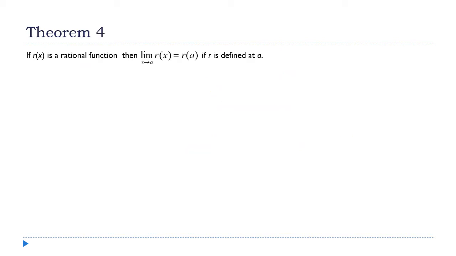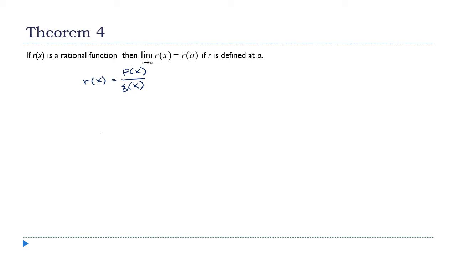Okay, so now, kind of an obvious next step. If r of x is a rational function, remember what a rational function is. A rational function is the quotient of two polynomials. It's p of x divided by q of x. So what this is saying is if you've got a rational function, it's the exact same thing.